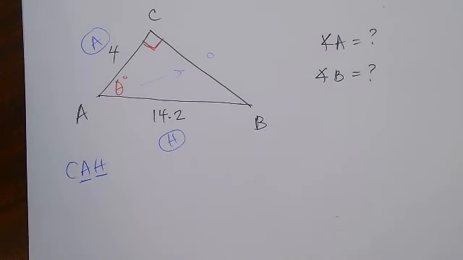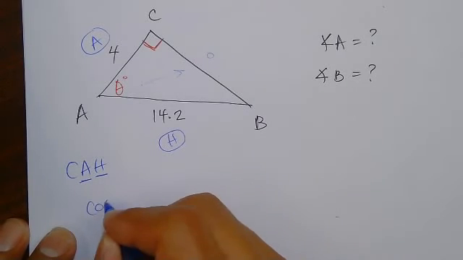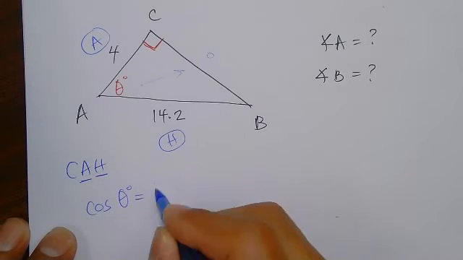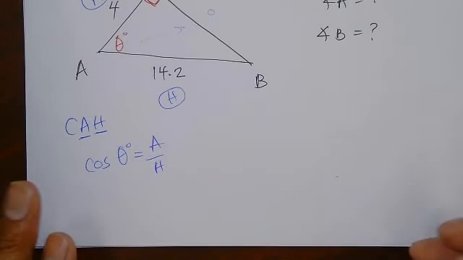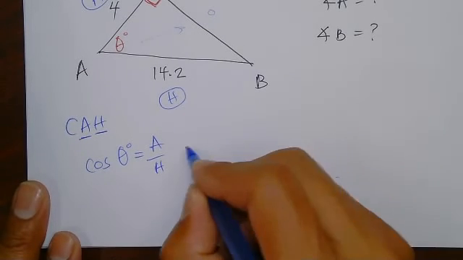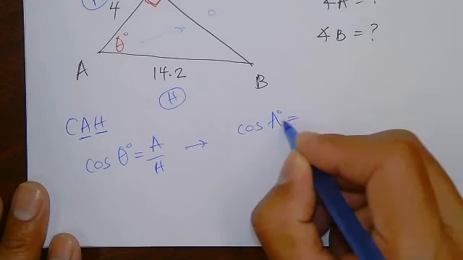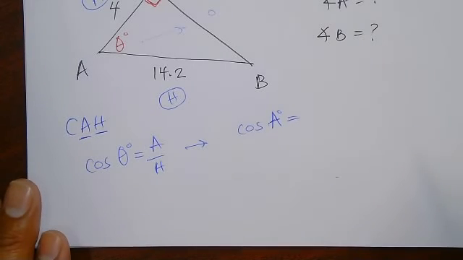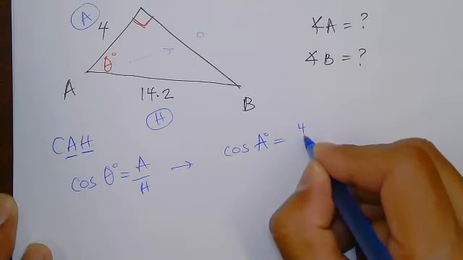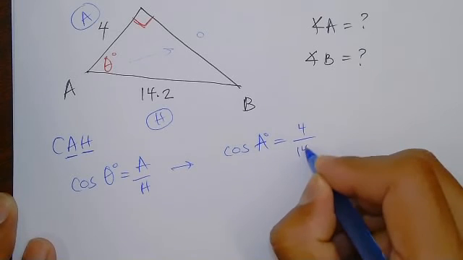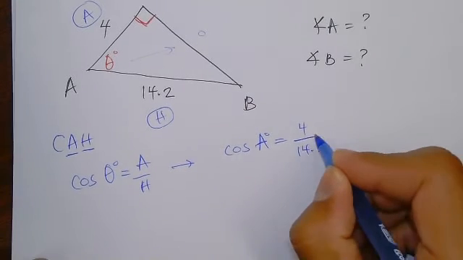So I'll be able to find cosine, and that's angle A, but I'll just put cosine of the angle is equal to A over H. That's going to be cosine of angle A is equal to adjacent 4 over 14.2, right?